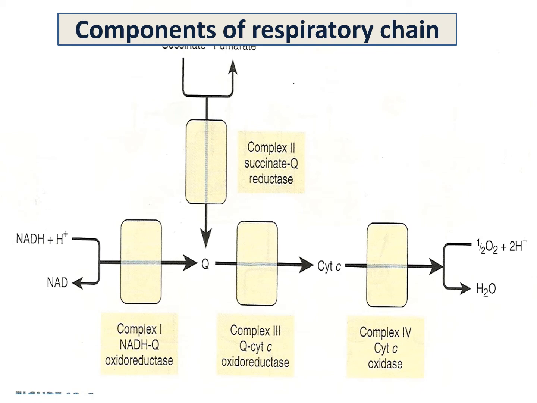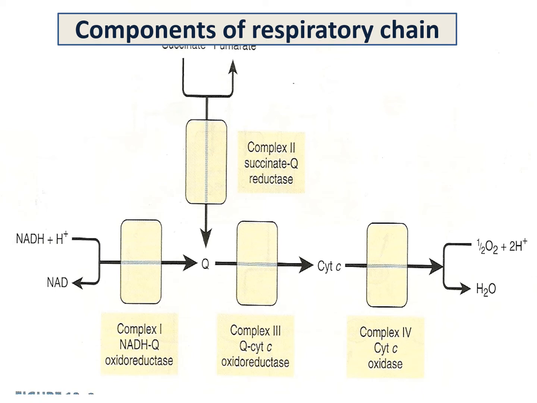If the electrons passed directly from complex 1 to the final acceptor, oxygen, this would cause thermal denaturation because these electrons have high energy. This energy causes thermal denaturation because these complexes are protein in nature.